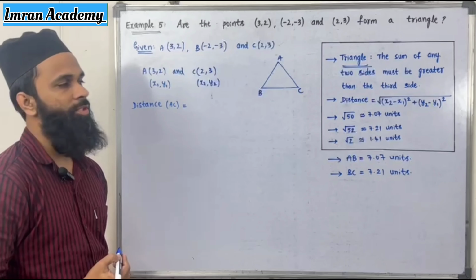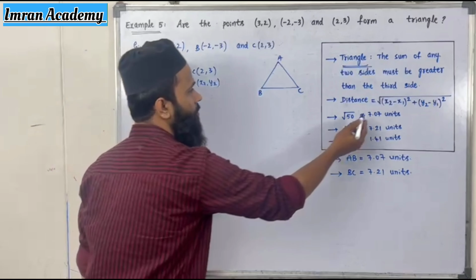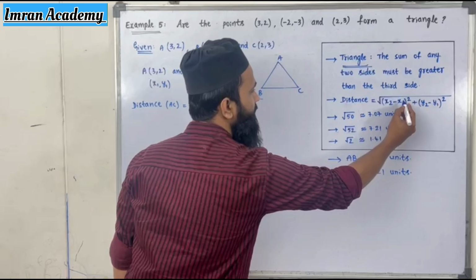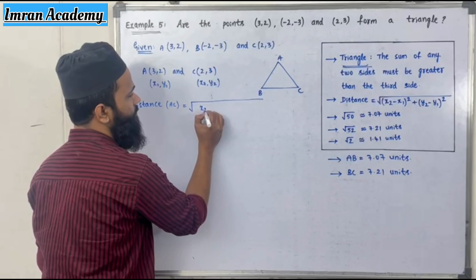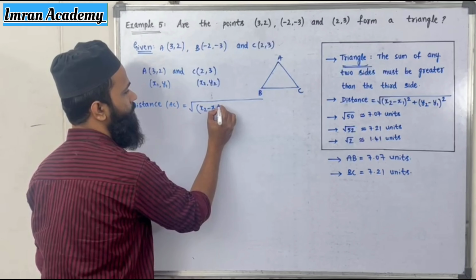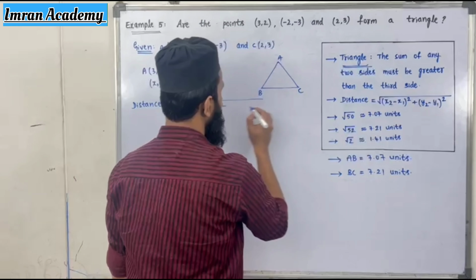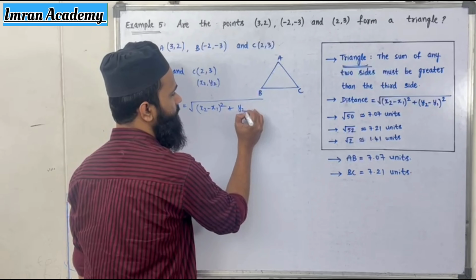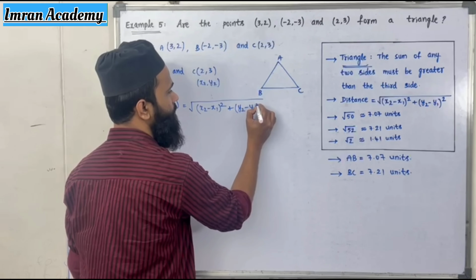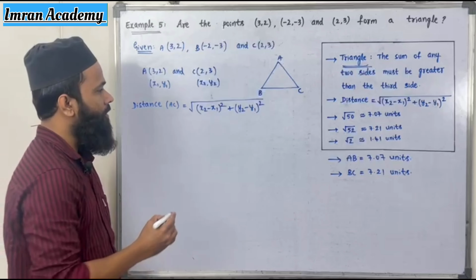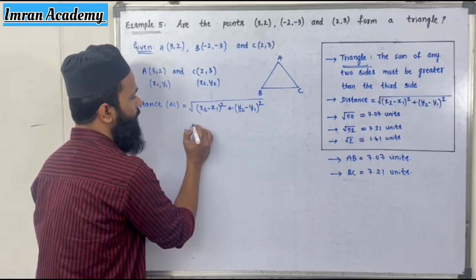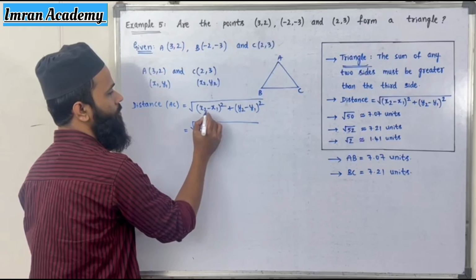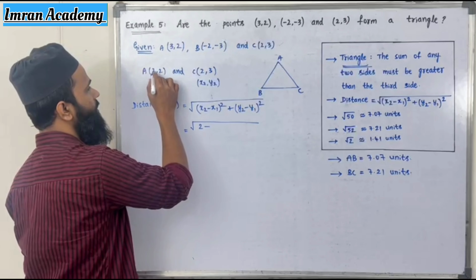Apply this formula. Distance is equal to square root of (x2 minus x1) whole square plus (y2 minus y1) whole square, which is equal to square root of x2. x2 is 2 minus x1. x1 is 3.